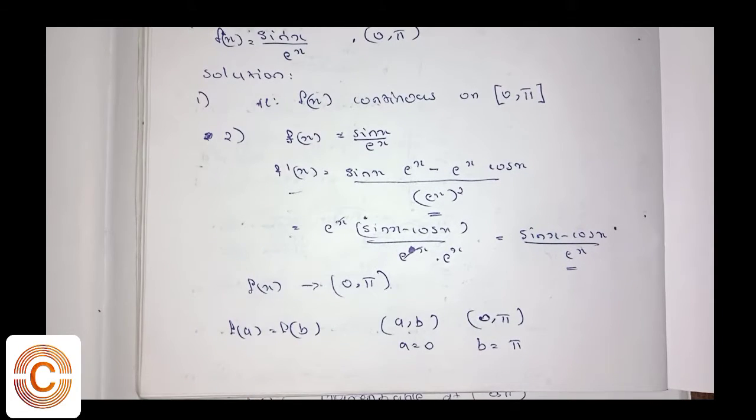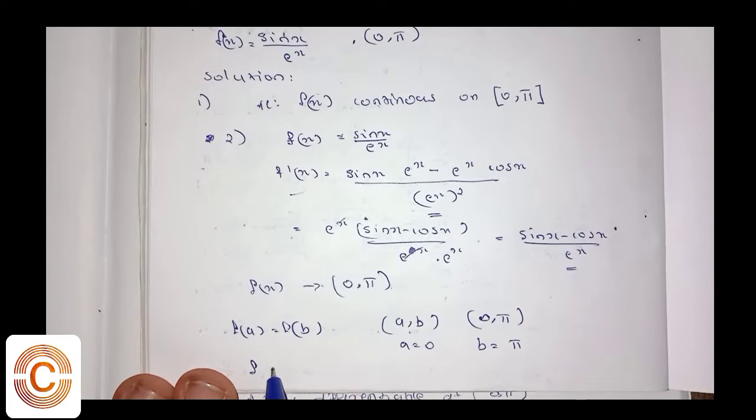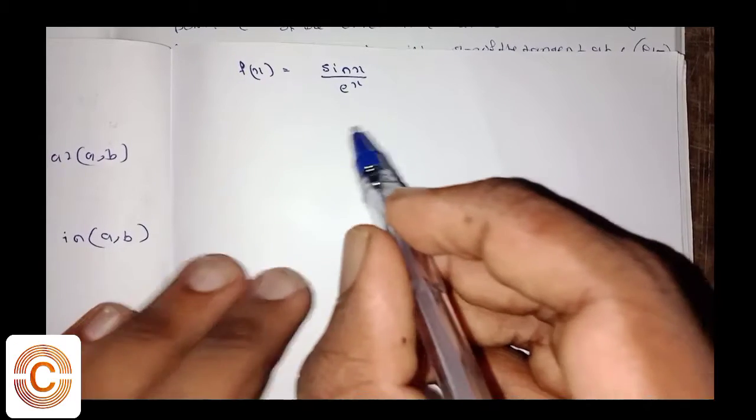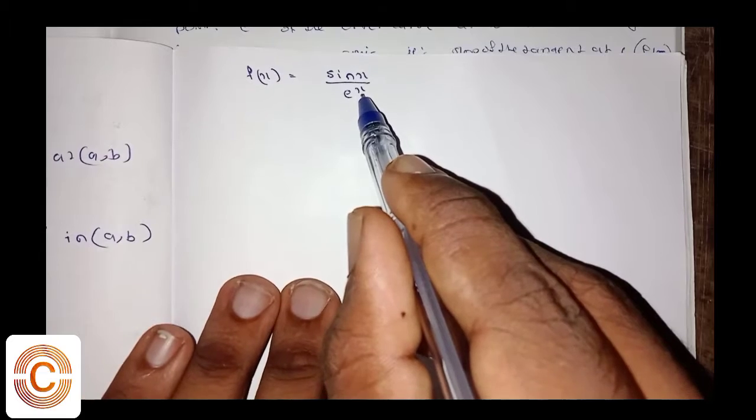By substituting these in the given function, we want to find f of a, that is f of 0, and f of b, that is f of pi, and we want to show that f of 0 is equal to f of pi. Here the given function f of x is equal to sin x divided by e raised to x.